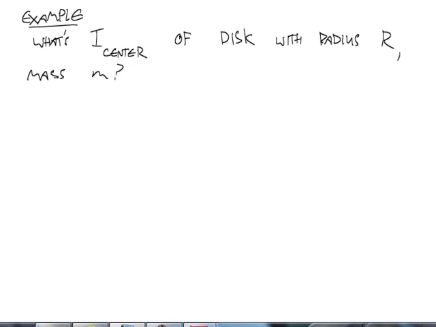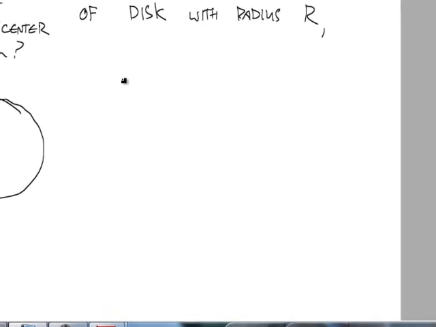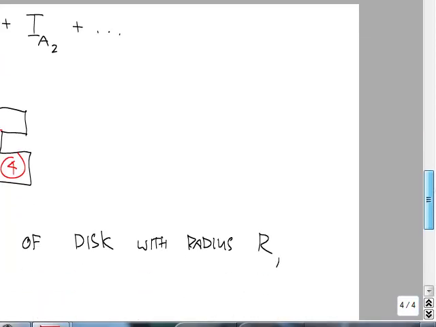Okay, so there's the disk. Here's the center. The definition says we need to come up with some expression for an incremental, an infinitesimal mass.